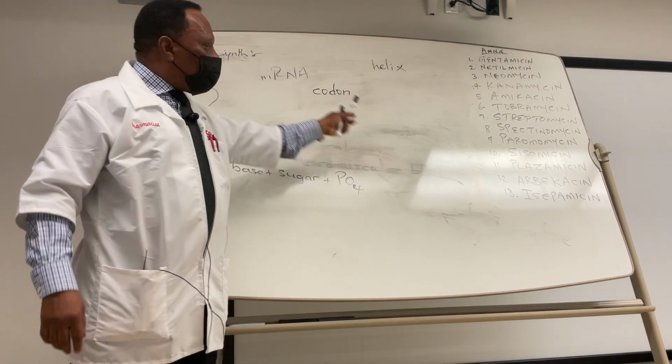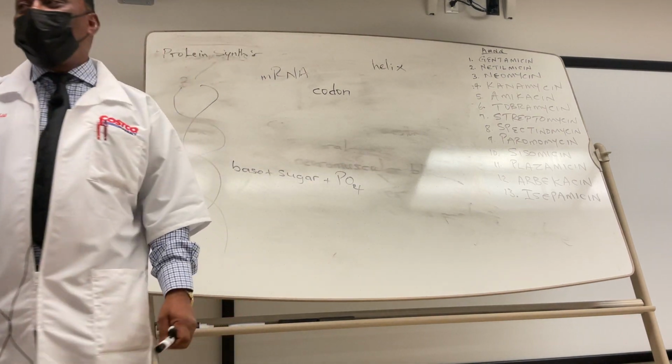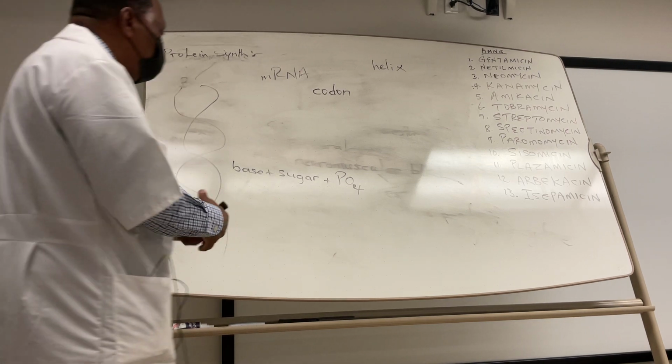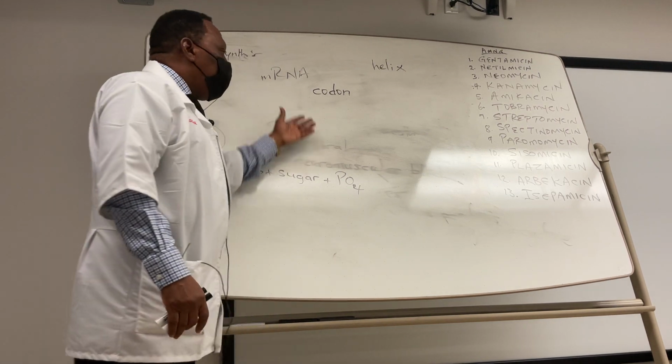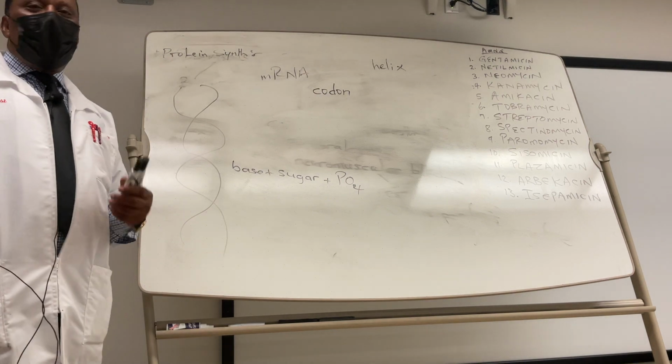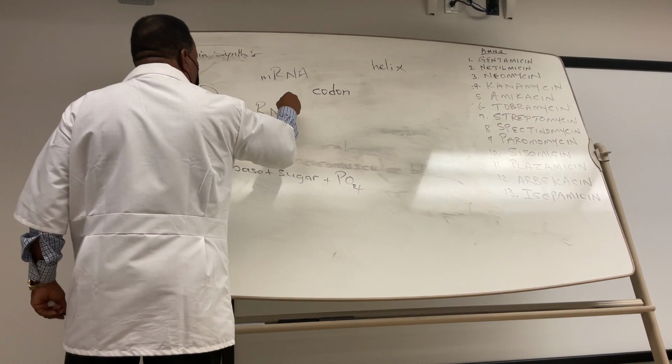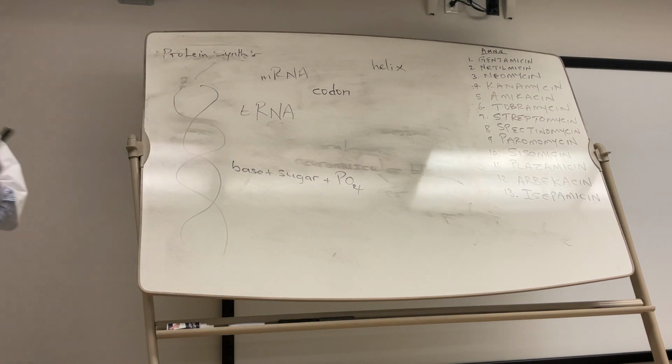So the codon is 3 nucleotides, and that's what the mRNA brings to the ribosome. And then you have the 3rd RNA, which is the tRNA, transfer RNA, that's already present in the cytoplasm.